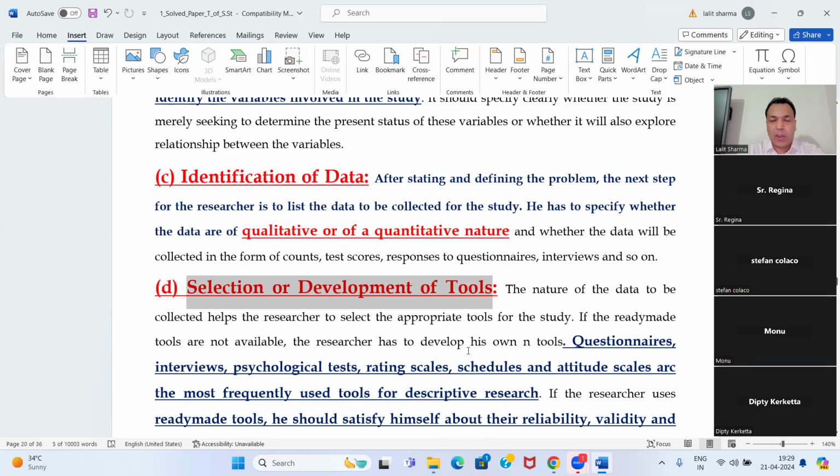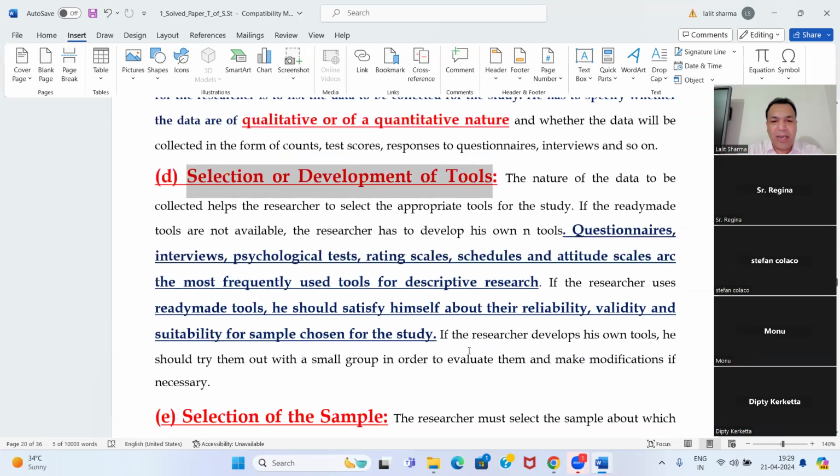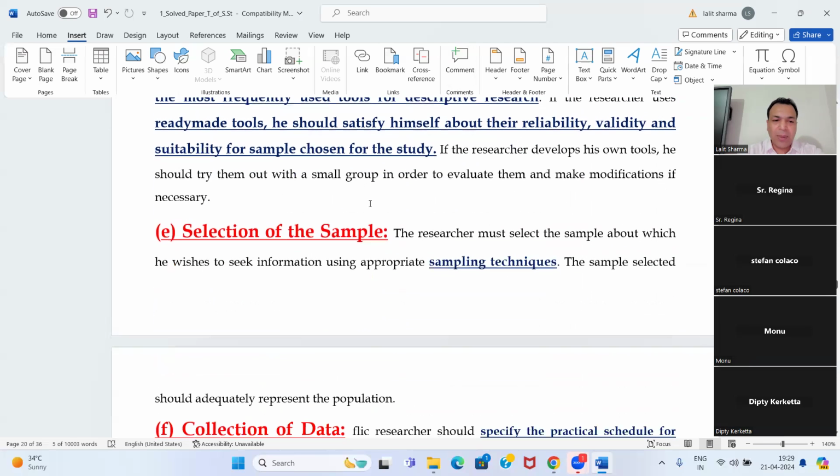Sometimes you have to make your tool. Sometimes tools are readily available in the market, ready-made. You can take those tools also, but you have to check the reliability and validity of the tool. It is a must.